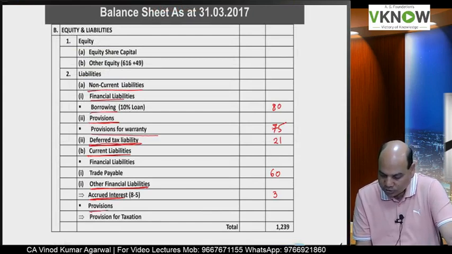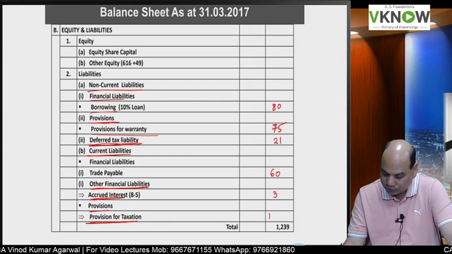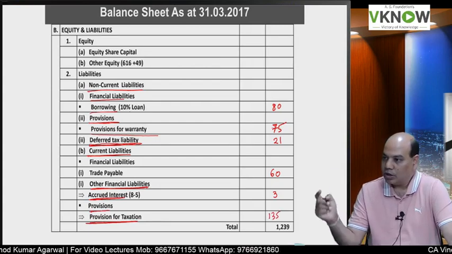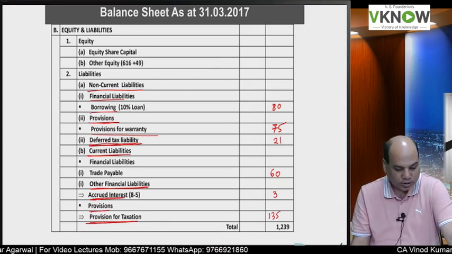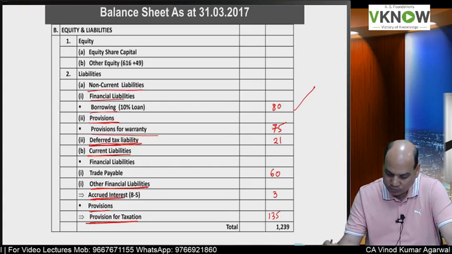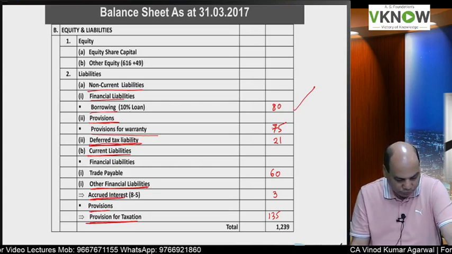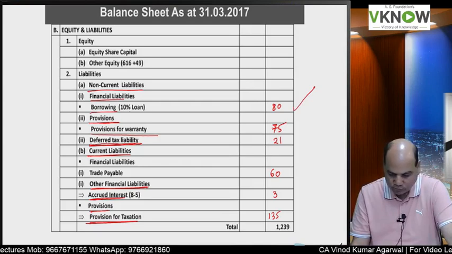So come to the last item in the balance sheet, provision for tax. 135. 10 is already in the trial balance, so no second effect of 10. Next line is loan is repayable in 5 years, so loan we have put in non-current. Year-end provision for warranty claim we have done, land revaluation we have done.